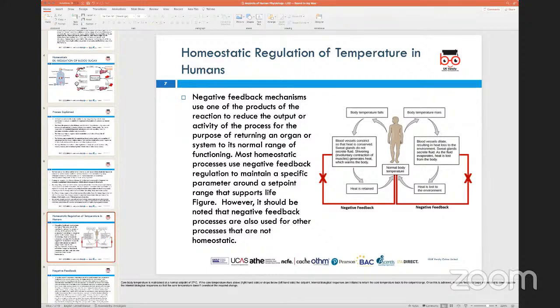Now, the negative feedback loop is a loop which counteracts any change in the value of the parameter, whether it's an optimal or narrow range of the parameters, but it will be looking at counteracting that particular change which is happening. Now, that change could be temperature, it could be blood sugar, it could be anything to do with nutrients or iron level within your body.